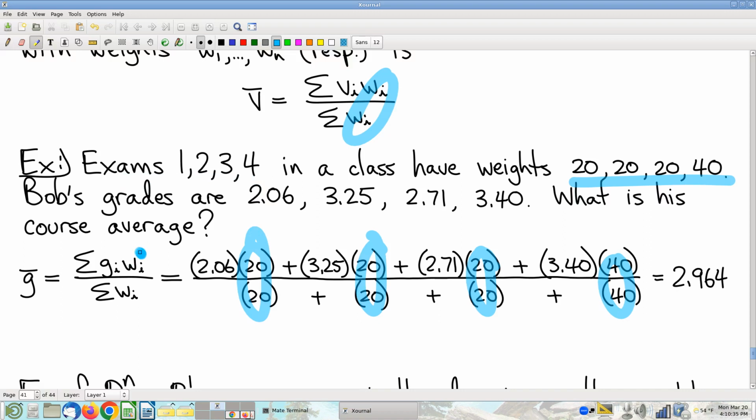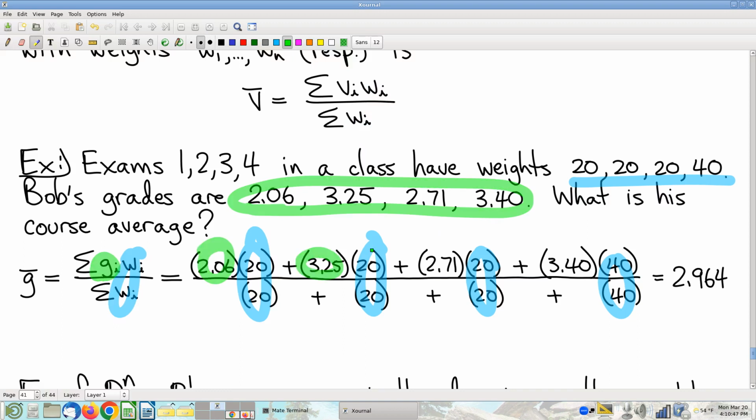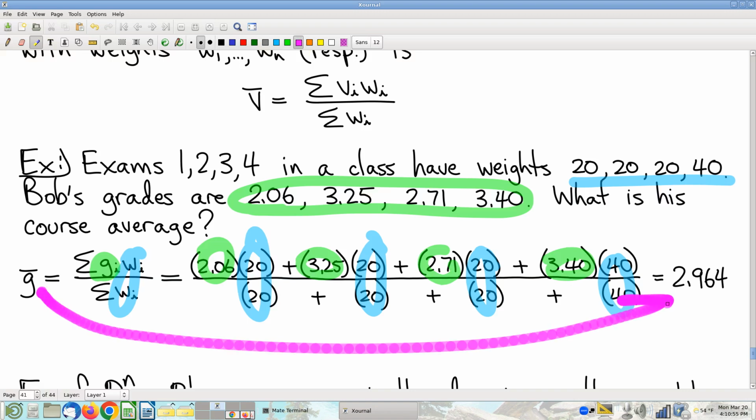The grades that we're averaging go there, and there. And arithmetic and answer. And so Bob's course average is approximately that number, whatever that is. How we doing? Everybody with me?